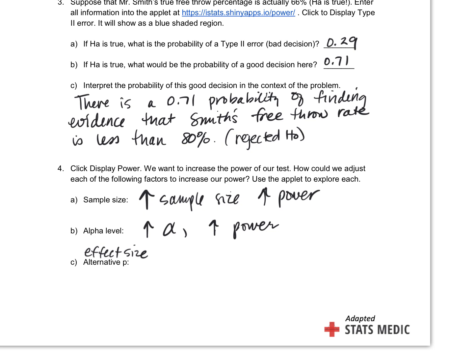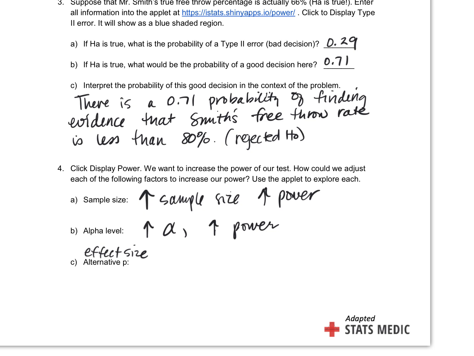Okay, so right now my alternative is 0.67, but the truth is 0.8, right? Which way do you want to go first? Closer to it or further away? Closer. So let's increase this to 75. It went down, right?